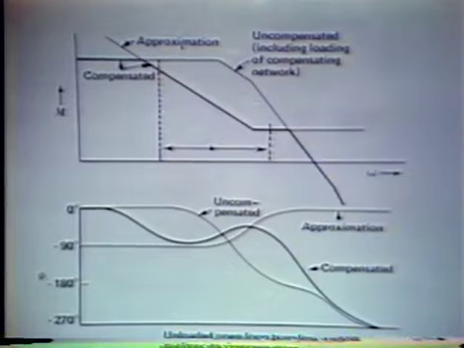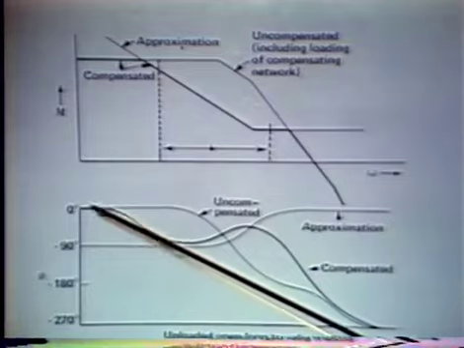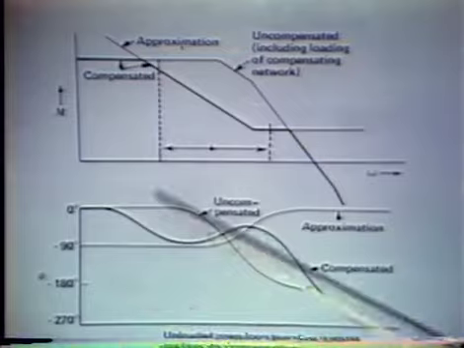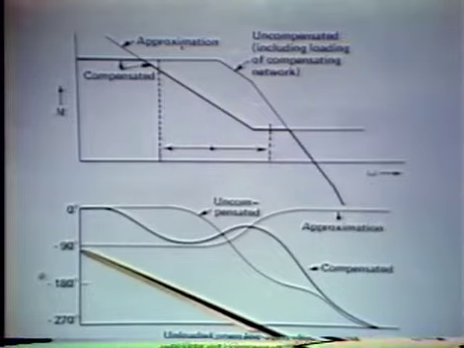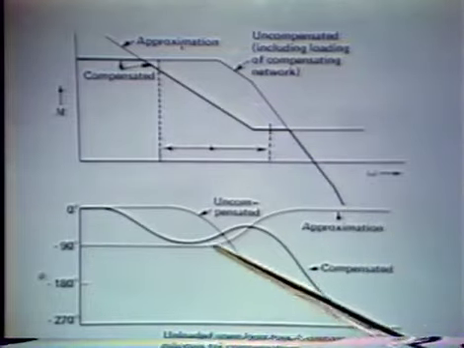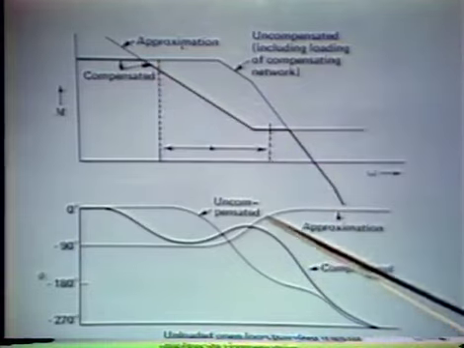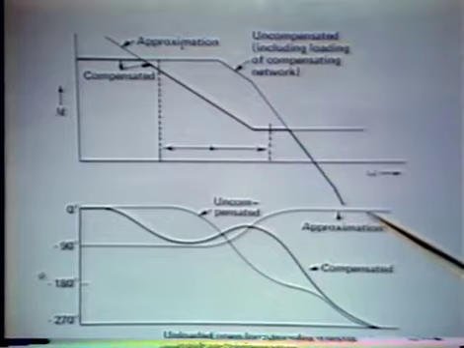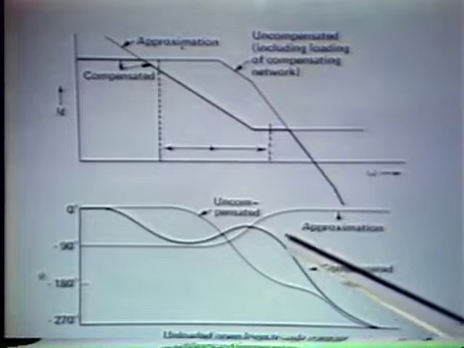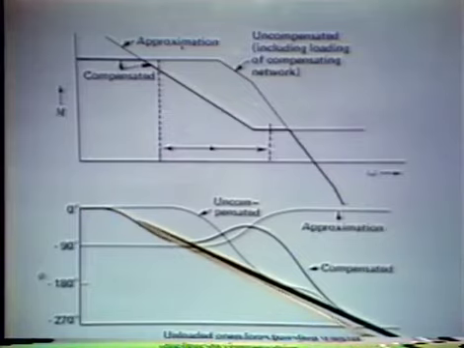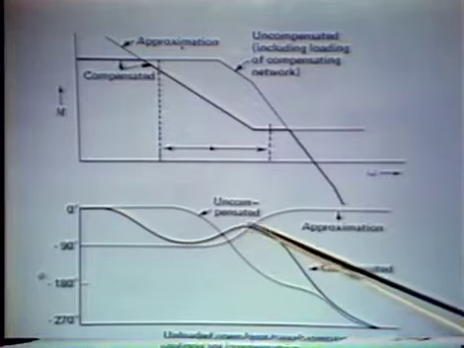Again, we see the effect on phase. The uncompensated phase, of course, rolling off. The approximation indicates we'd have minus 90 degrees of phase shift at low frequencies corresponding to the 1 over s roll off, and increasing actually to 0 degrees. In reality, we don't achieve that, but we get an actual compensated phase curve that looks something like so.